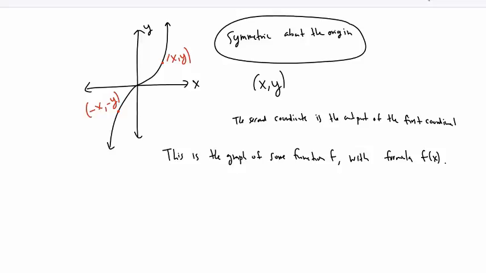So if x comma y is a point on the graph, y must equal f of x. So now we know that whenever this is a point on the graph, so is this point. And we know that the second coordinate, which here is minus y, is the output of the first coordinate, which means that minus y equals f of minus x.